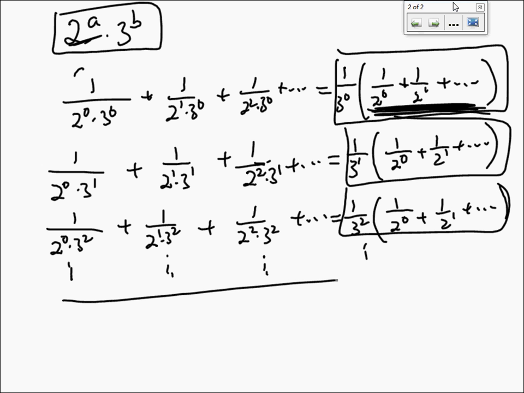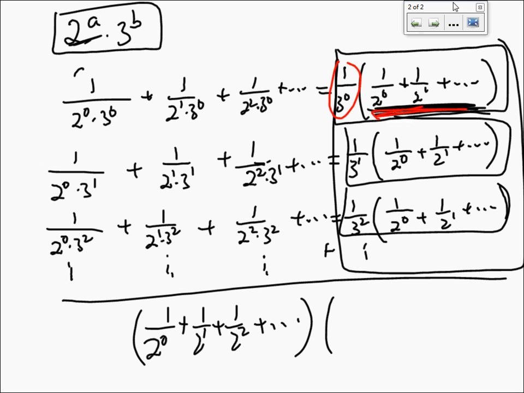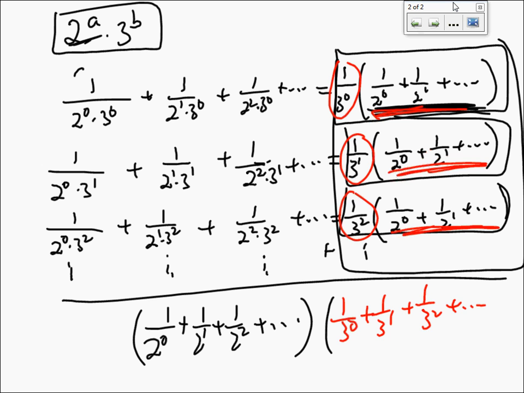Now, if I were to add up the right side, what's common is 1 over 2 to the 0 plus 1 over 2 to the 1 plus 1 over 2 squared, etc., times, well, here I'm multiplying this by 1 over 3 to the 0, plus here I'm multiplying what I factored out by 1 over 3 to the 1, and over here what I factored out I'm multiplying by 1 over 3 squared, etc., etc. But that's what I said in the previous page.